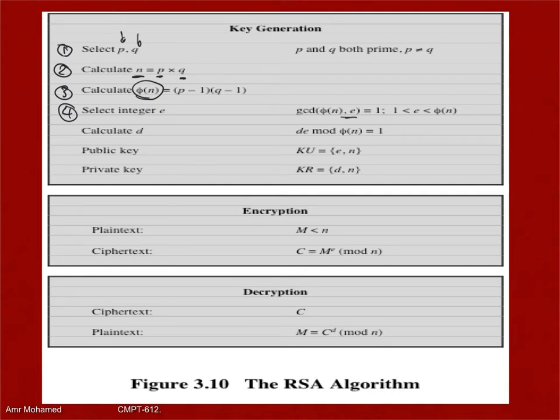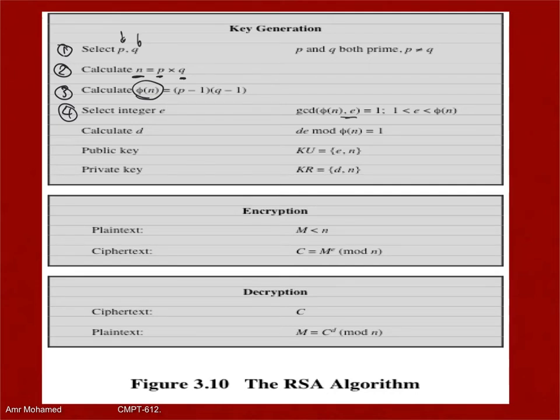You have multiple answers here because you have a set of numbers that are relatively prime to the totient of N, right? But that's if you know the totient of N, which requires that you have to know P and Q in the first place, which you don't know, okay? So E is relatively prime to the totient of N. Remember, not N, the totient of N.